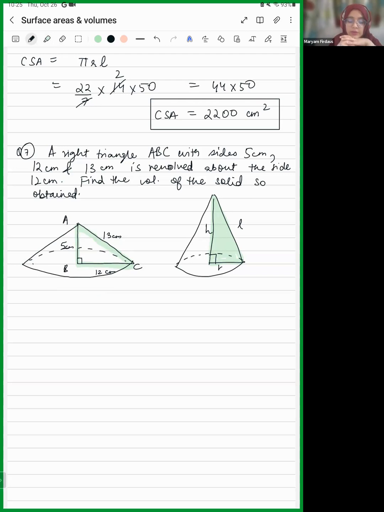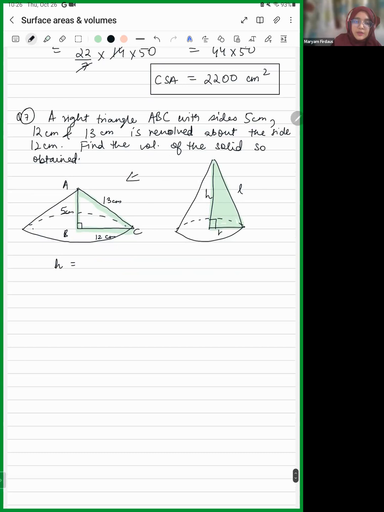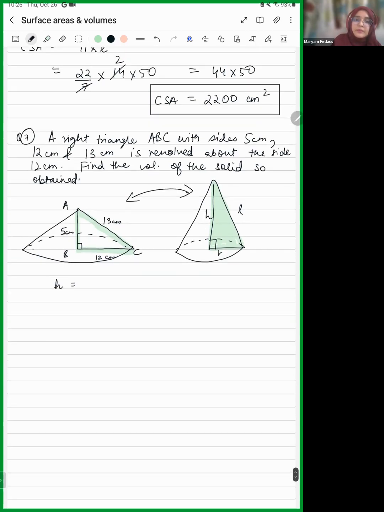Okay. So from here, what is the height of the cone thus formed? Compare it with the diagram we've made over here, the right angle.